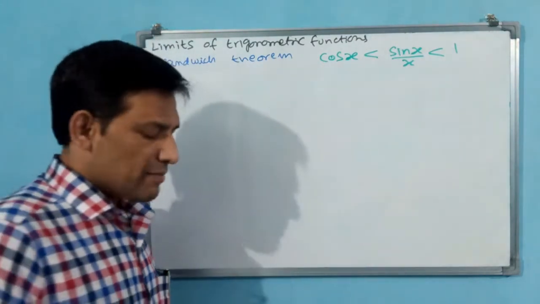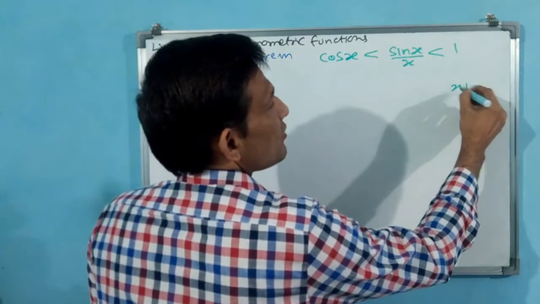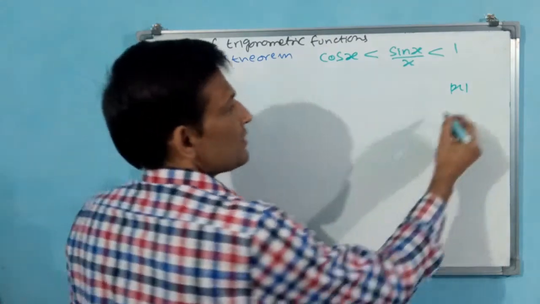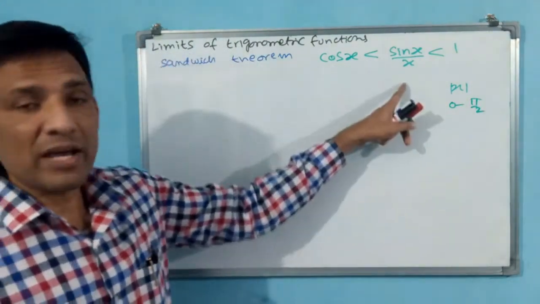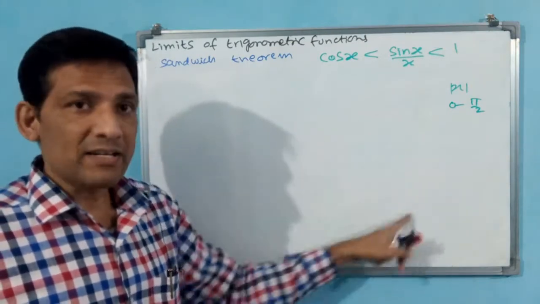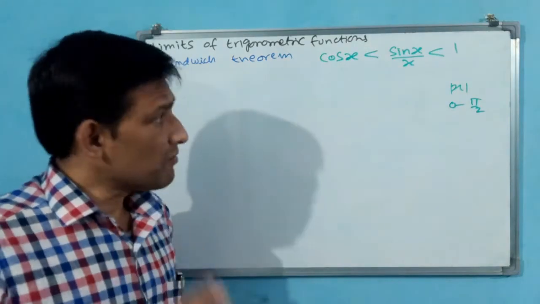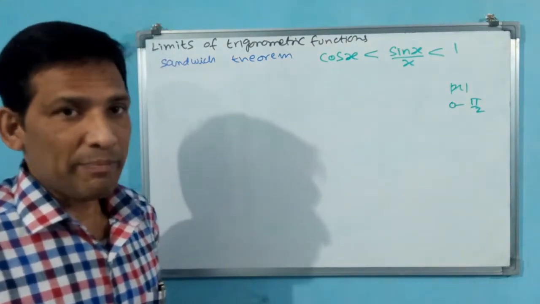X is positive, that means modulus, always positive, and between 0 to pi by 2. Since we are dealing with trigonometry, that means the first quadrant we have to take. There only it will apply. In remaining areas it does not apply.